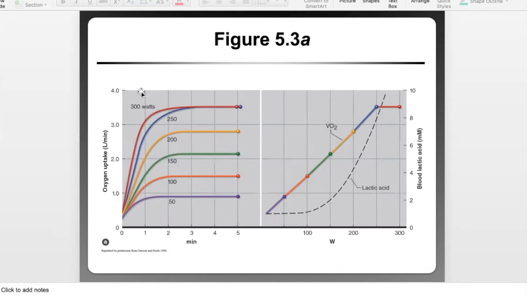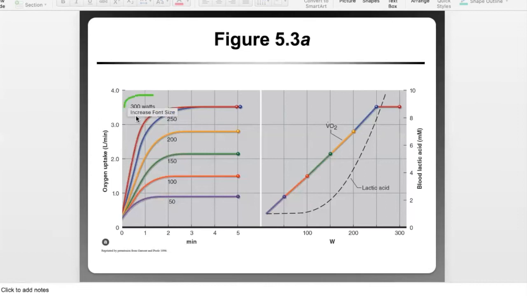So there's an increase in watts from 50 to 100 to 150 to 200 to 250 to 300 watts. And the amount of oxygen needed to complete that bout of activity had to increase until eventually the body just cannot pull in any more oxygen.